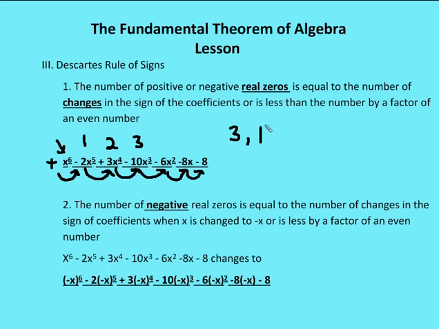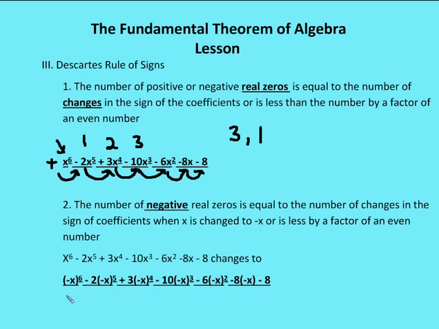Now the way that you find the negative real roots is to change x to negative x, and then figure out how many changes in signs there are from there. Okay, so the prior polynomial that we used, x to the 6th minus 2x to the 5th plus 3x to the 4th minus 10x cubed minus 6x squared minus 8x minus 8, changes to negative x to the 6th.